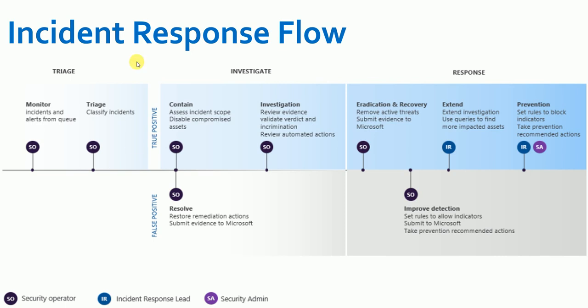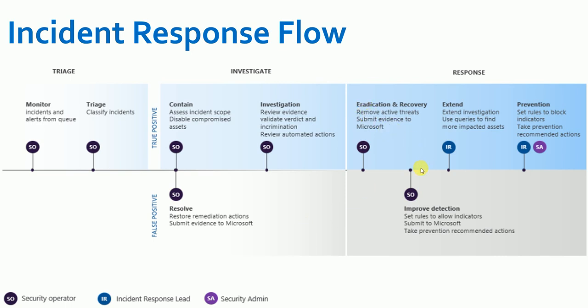So that will come under the investigate. And finally, once the investigation is done, if it is a true positive, then it will go to the response. If it is a false positive, then it will automatically resolve that. Restore the remediation action, submit evidence to Microsoft.